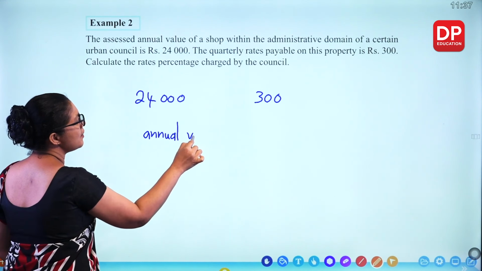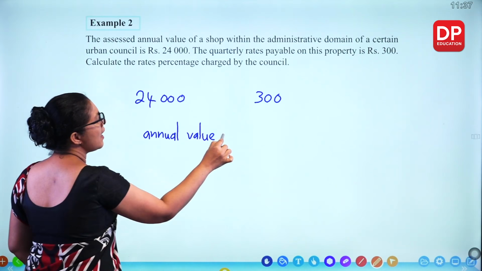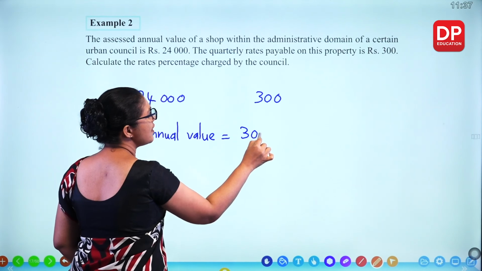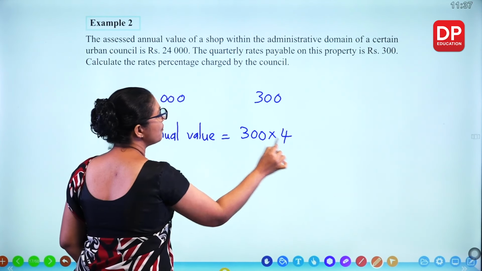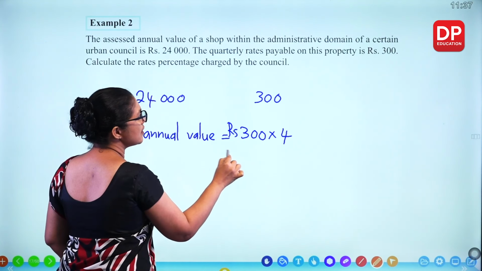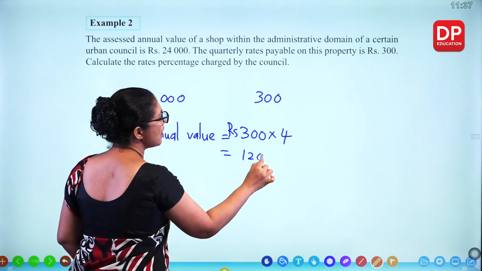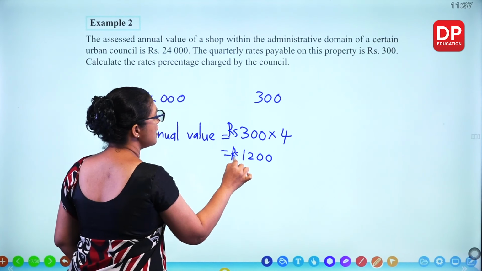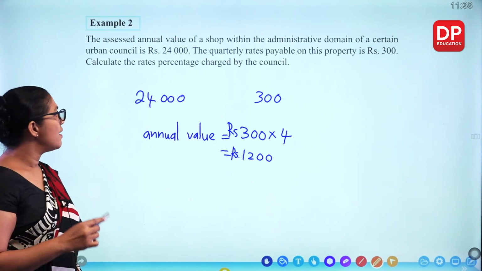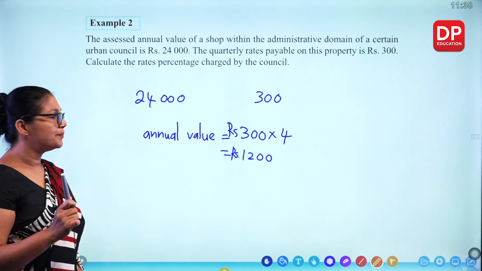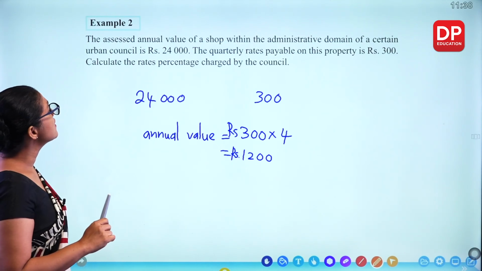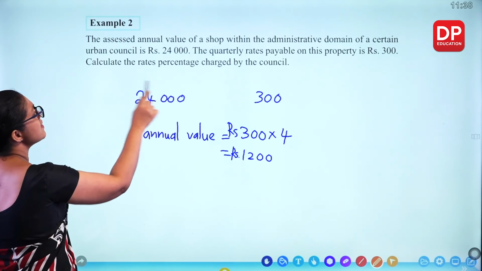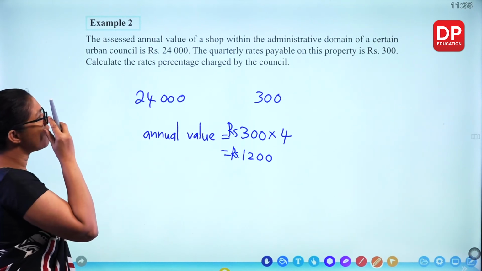Annual value is, you multiply by 4. 300 multiplied by 4. That's rupees. So you get 12 and 2 zeros. 1,200 for the whole 1 year. Now what's the full amount? Is this. So what's the percentage value?